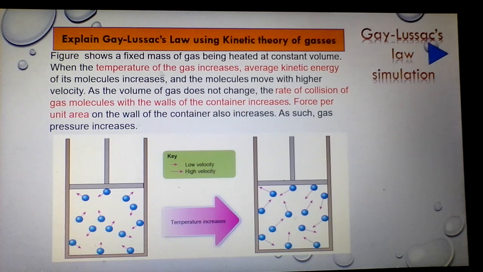When the temperature of the gas increases, so we heat it up, the average kinetic energy of its molecules increases. So the molecules move with higher velocity. You can see the arrows here: the short one is low velocity, the longer one is high velocity. So the molecules move at higher velocity.